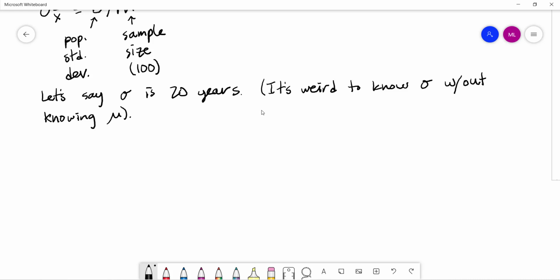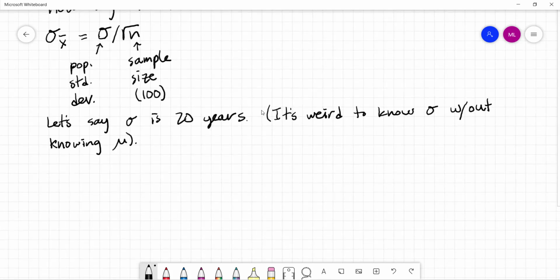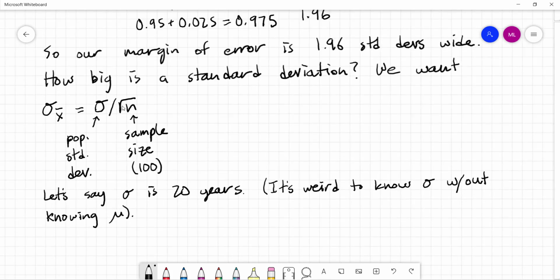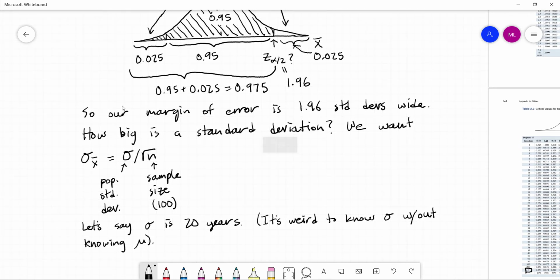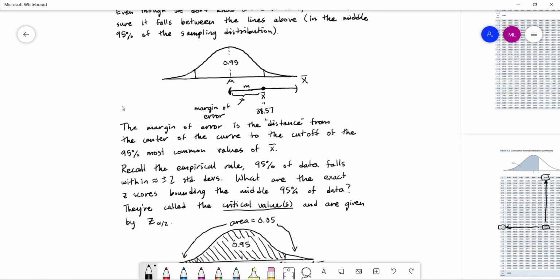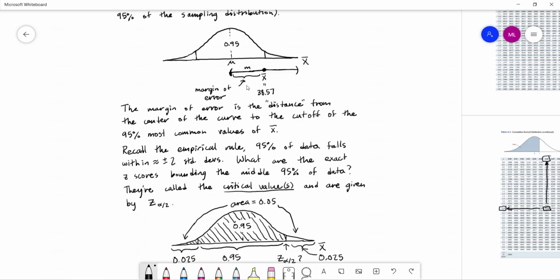Okay, so if I know what the population standard deviation is, then I can figure out what our sigma x bar is, which is exactly what we need. I've figured out that my margin of error, the distance from the center of my curve out to the edge of the 95% most common values, I know that this distance is 1.96 standard deviations. How big is one standard deviation?